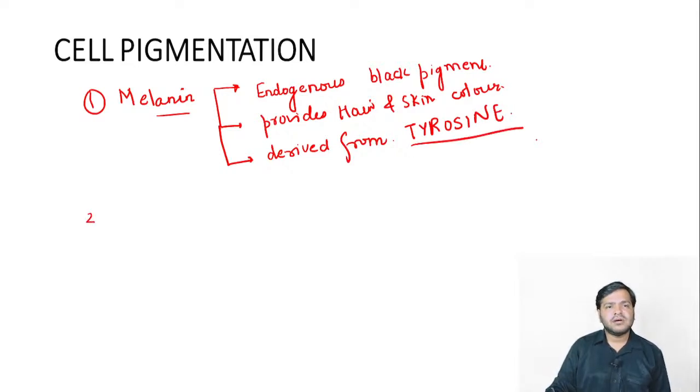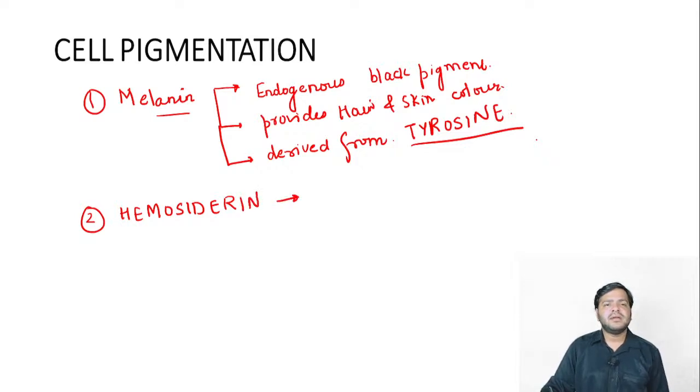Apart from that, the another cell pigmentation that you should remember, it is hemosiderin. Remember, hemo, you already know, comes from the word iron, or it is derived from iron.